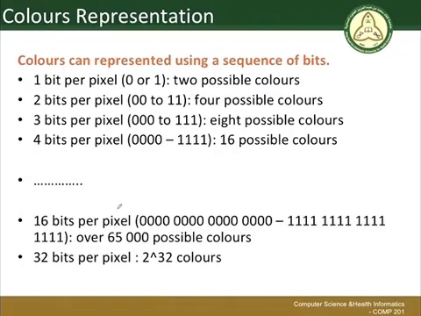With 2 bits, I can represent 4 possible colors. With 3 bits, I can represent 8 possible colors, and so on. If I have 32 bits, I can represent 2 to the power of 32 colors. And the same applies here, like how I know it's 8, because it's 2 to the power of 3.